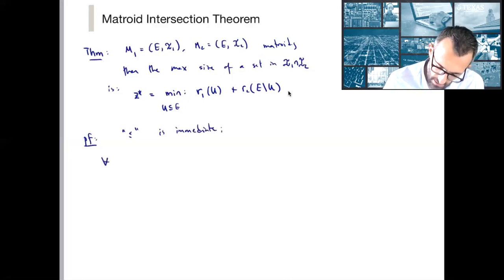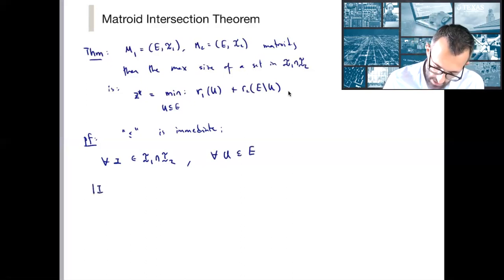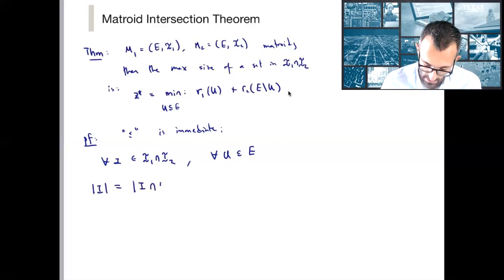Let's take any set I that is an element of I1 intersect I2, and let's take any U that is a subset of the ground set. What is the cardinality of I? It's just equal to the cardinality of the common elements that I has with U plus all of the remaining elements of I that are not in U.